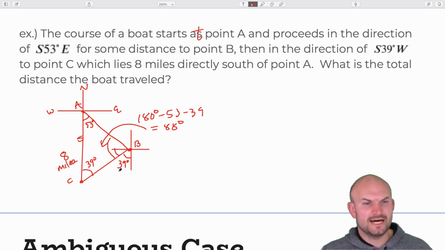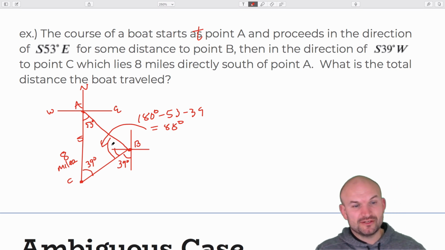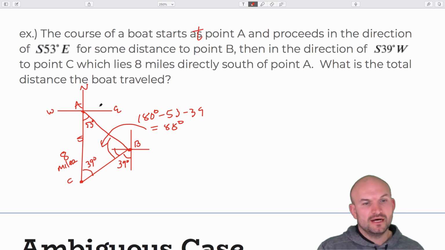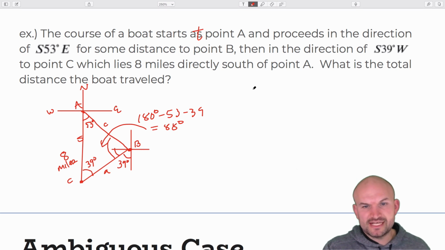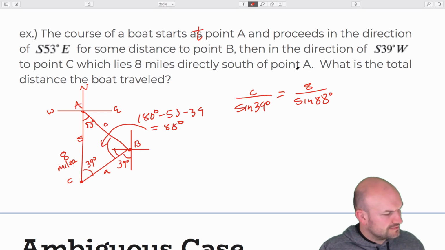All right, so now I have a ratio. And we basically need to solve for these two lengths. We could call this little c and this one little a. Let's solve for c first. So c over the sine of 39 degrees is equal to 8 over the sine of 88 degrees.